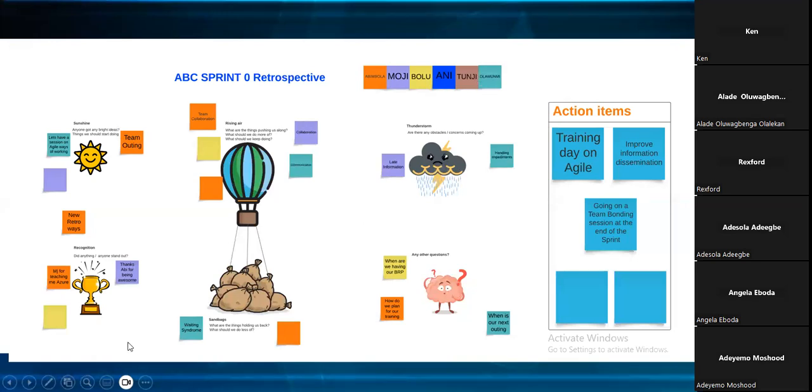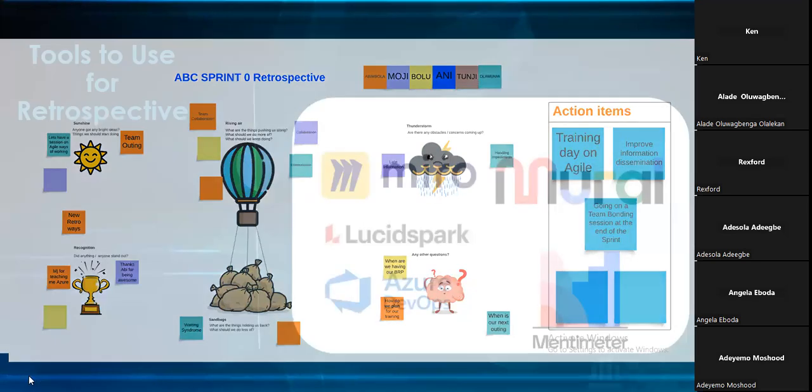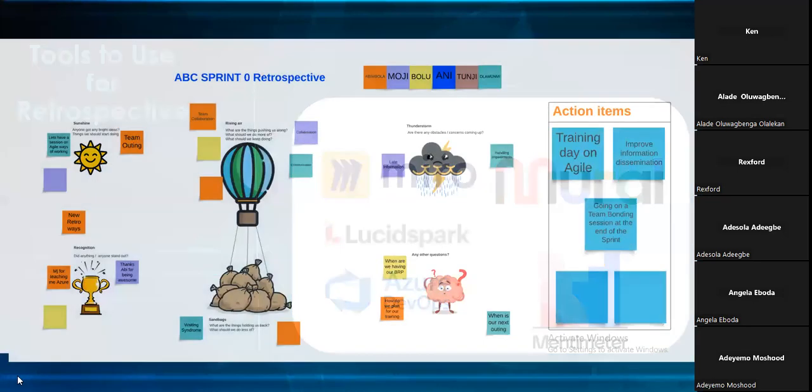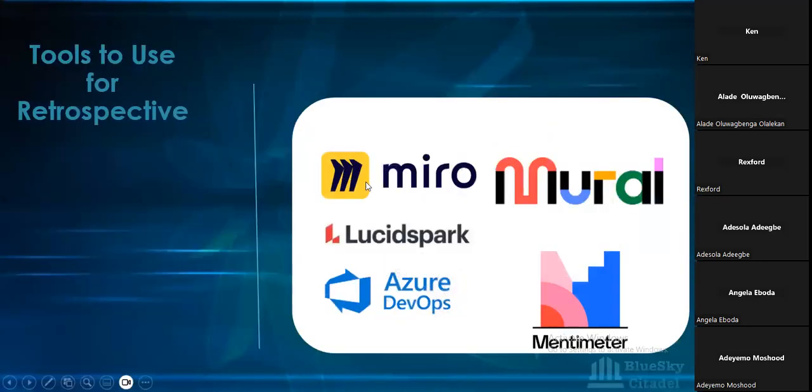Training day on Agile. So let me quickly go so I don't waste too much time on retro. Some of the tools that we use for retro: the board I showed you now is a Lucid board. But some of the other tools, we use Miro, Mural, Lucid Spark, and Azure DevOps itself. Some people use Mentimeter. There are a lot of tools you can use for a retro board.